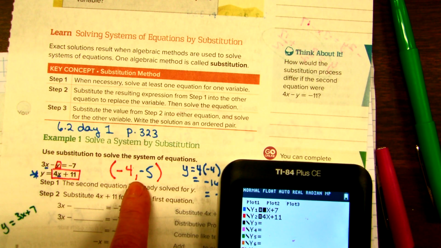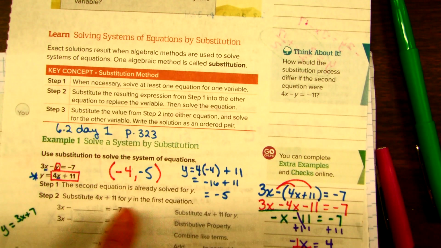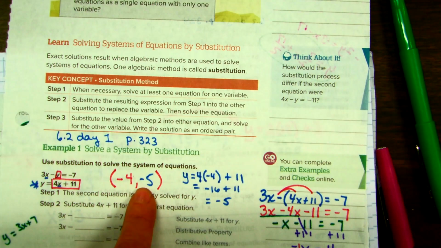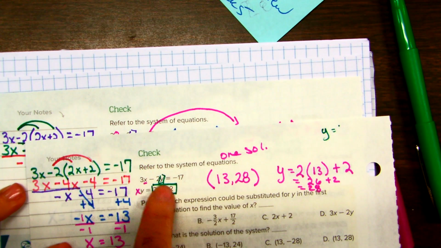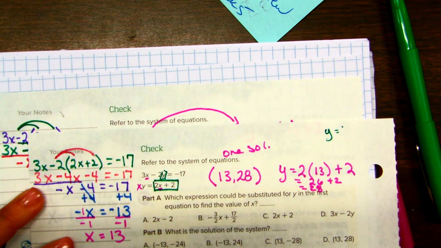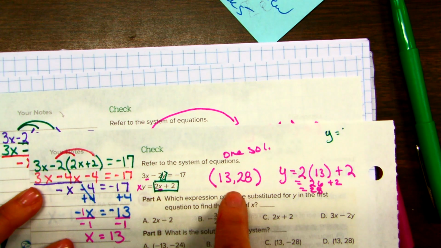It's just a different way of getting to it, okay? We used substitution and got this solution. If I had graphed it, I would have that same solution. So let me ask that question again. If I graphed these two, where would they cross? 13, 28. Same solution.